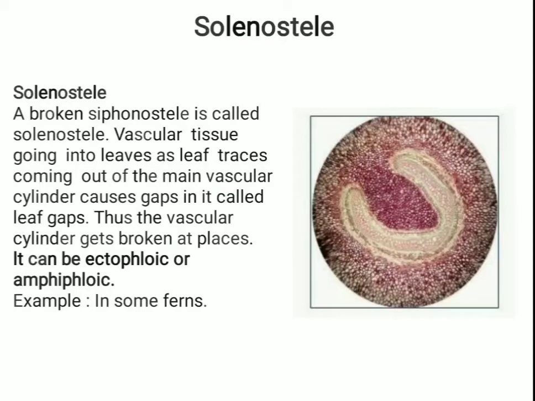It can be ectophloic or amphiphloic solenostele. In the previous slide we saw ectophloic siphonostele and amphiphloic siphonostele. But sometimes the siphonostele is cut and develops into solenostele, which is further divided into ectophloic solenostele and amphiphloic solenostele. We must remember that siphonostele and solenostele are different. Sometimes siphonostele is broken into solenostele, and solenostele is further divided into two types.